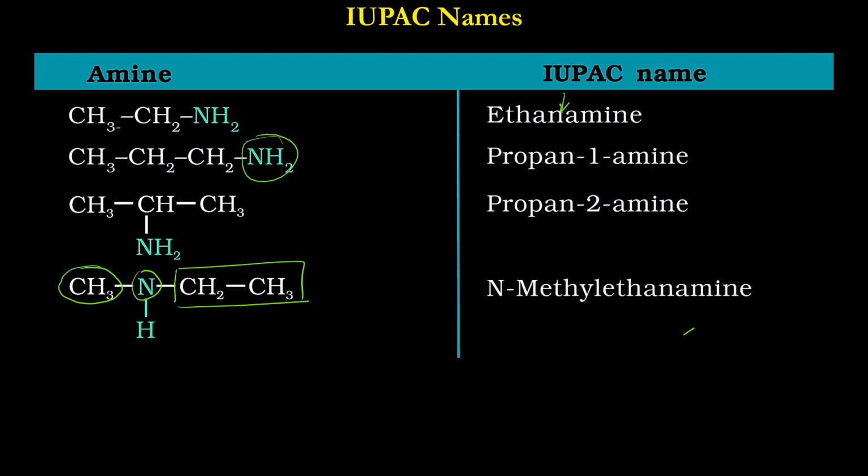So here it is ethanamine, but for the substituent, instead of saying methyl, we say N-methyl, because this methyl group is attached to nitrogen. And whenever you have a single N, it is a hint that it is a secondary amine. So if it is a secondary amine, there will be one N in the IUPAC name.